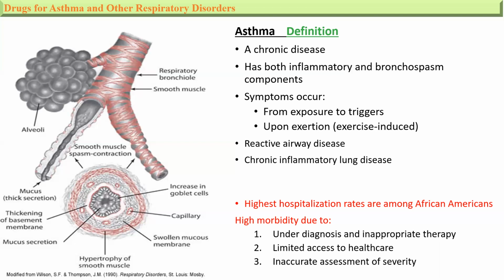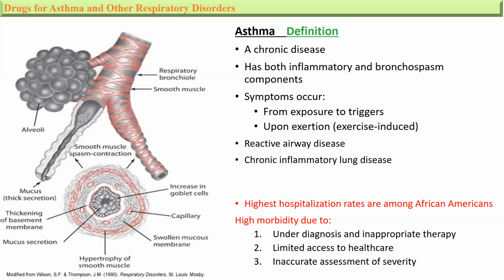And all of these I have included here, that the prevalence of the disease is high among African Americans, and in addition to the high morbidity among African Americans, that's due to many factors: underdiagnosis and inappropriate therapy, limited access to healthcare.